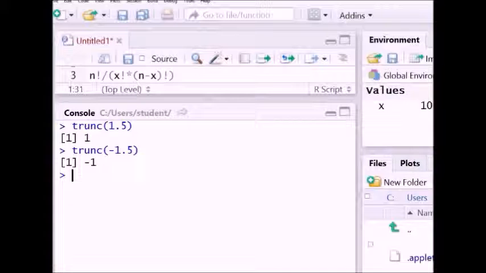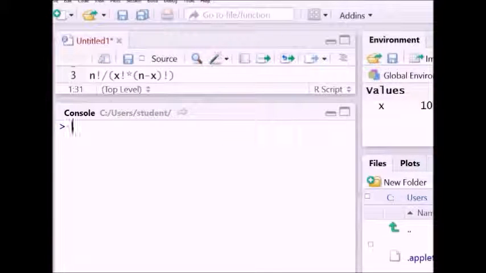So actually it extracts the integer part. If your value is positive, it is similar to the floor function. If the value is negative, it is similar to the ceiling function. Similarly, you can check another value also, say 9.15, the answer is 9, and minus 119.9 is minus 119. So it will extract the integer part. Okay.